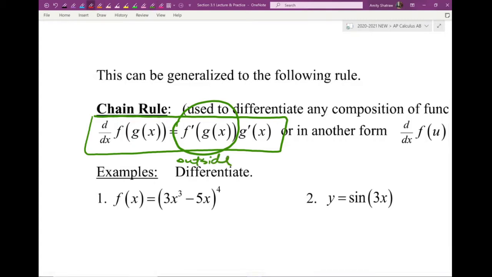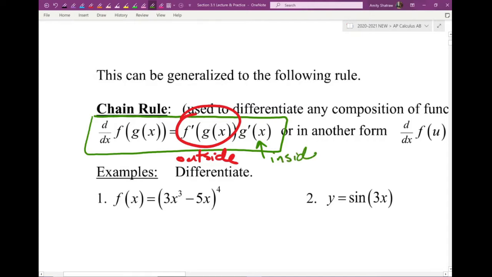And you should also always remember to write the derivative of the inside. But I usually put it in front. He puts it in the back side. That's the way that he's memorizing the chain rule. I like to memorize it where you put the derivative in the front.